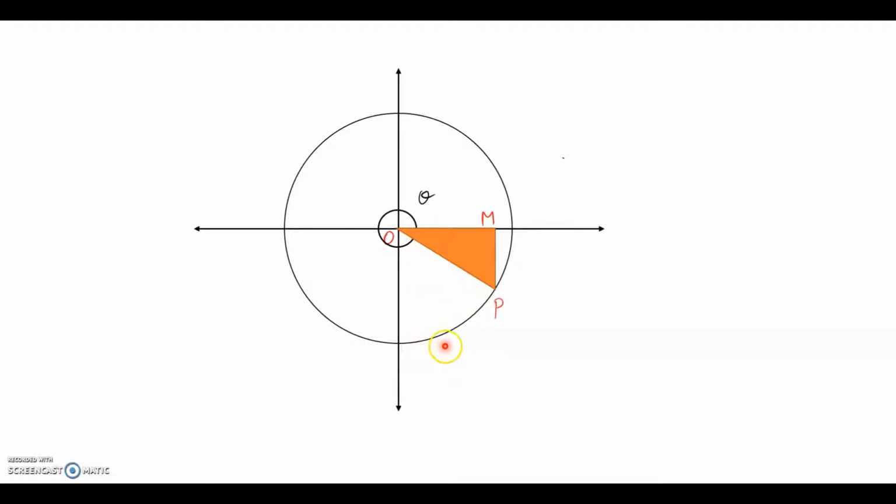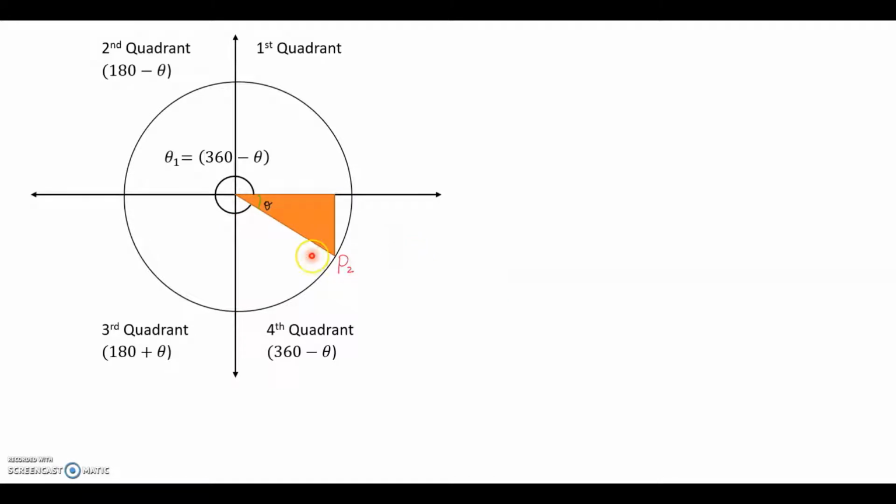Let's move it further on to a point P, and let this angle be theta. Then this angle becomes 360 minus theta. Let's call this point P2.